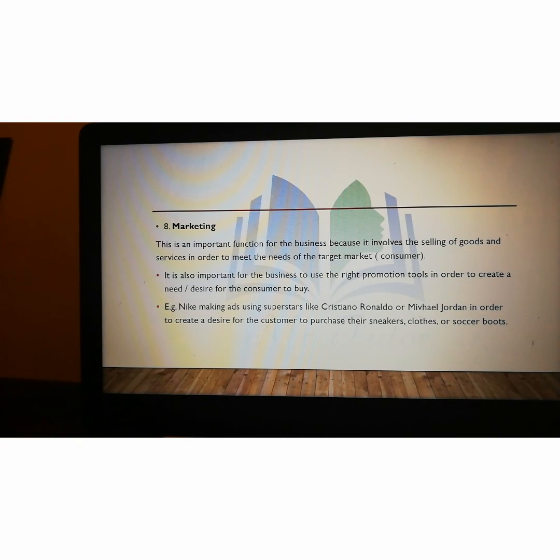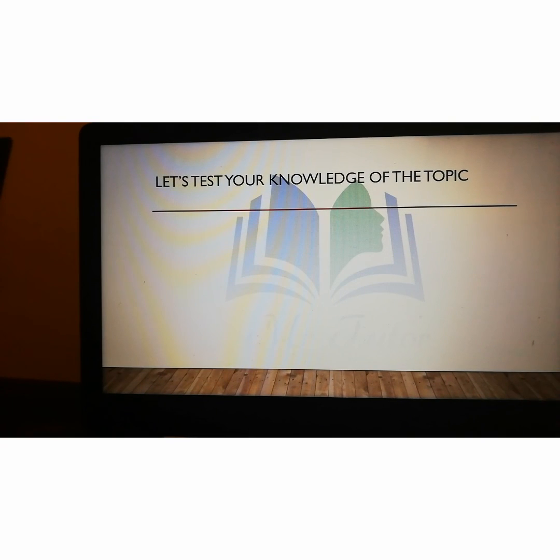Because that boot or that t-shirt was worn by Cristiano Ronaldo or by Neymar or by the Williams twins, Serena and, I forgot the other sister. That's why Nike will approach these superstars, because if that soccer boot is worn by Cristiano, you also want to wear that boot. So that's how they also attract customers. Like I always say, it's important for any business to have a marketing department.